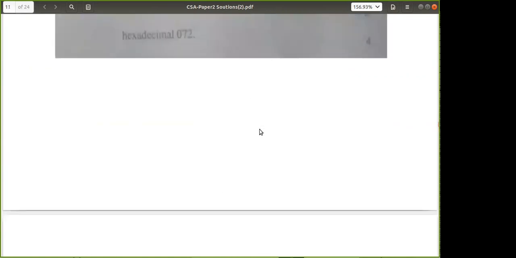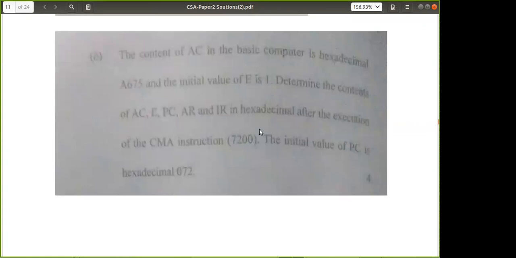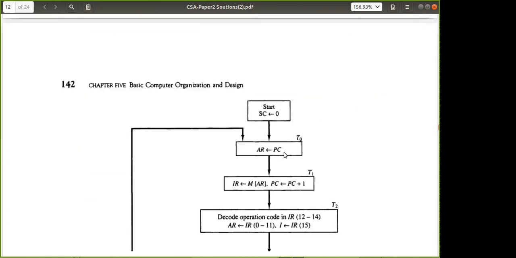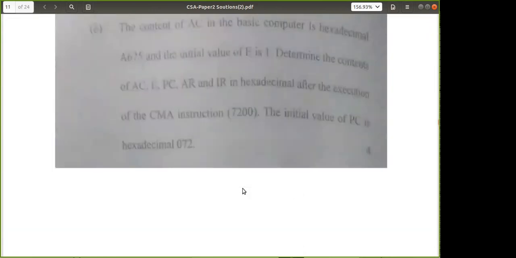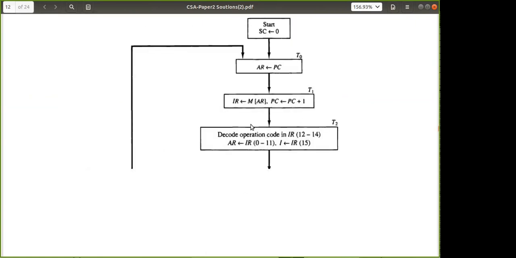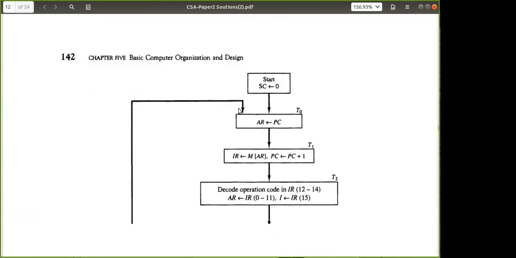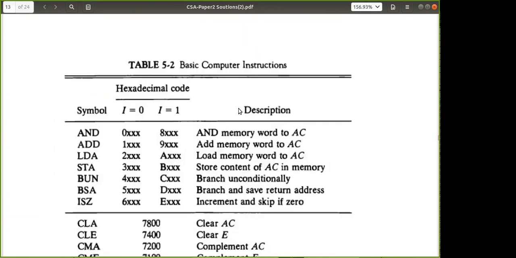But here we already have the instruction, 7200, so we don't need to fetch it. I already have the instruction register, which is 7200. So I am assuming that we already have the IR value, 7200.